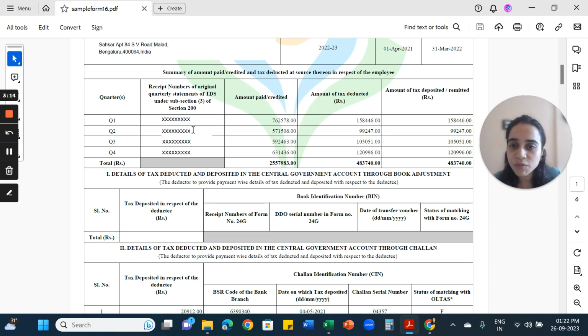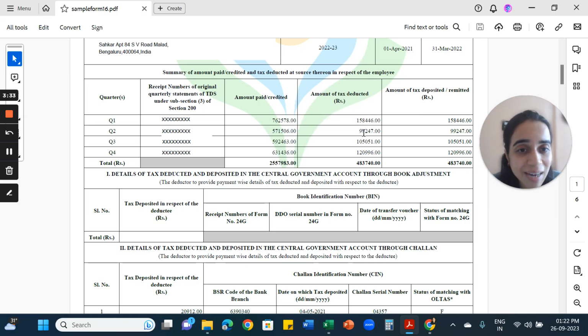So the TDS return filed, the receipt number, and the total amount in the entire quarter which is credited to this employee, like the salary of the employee for all 3 months in total.